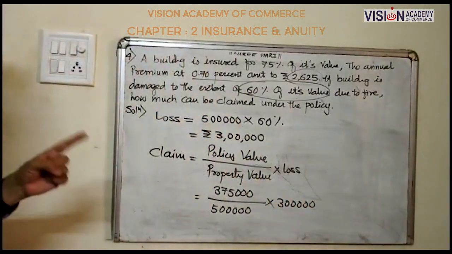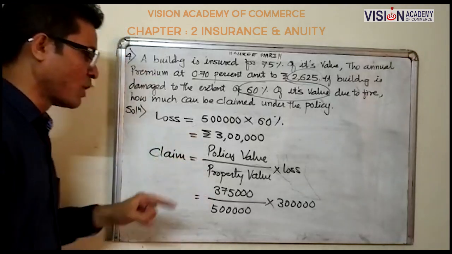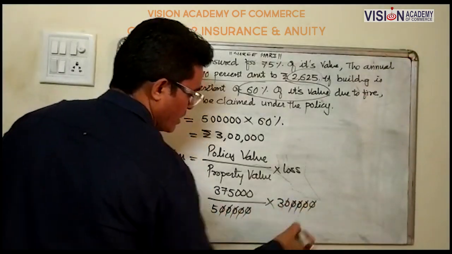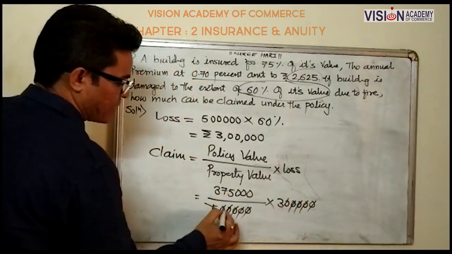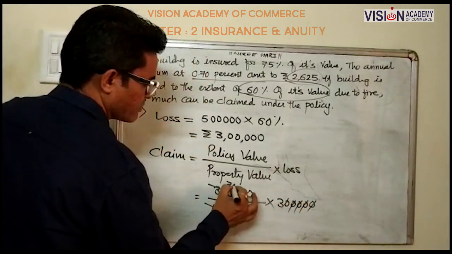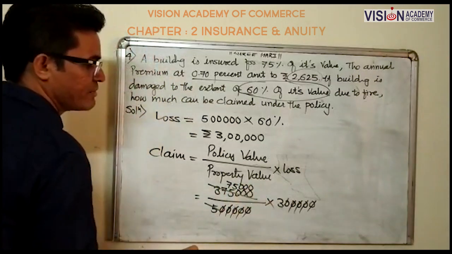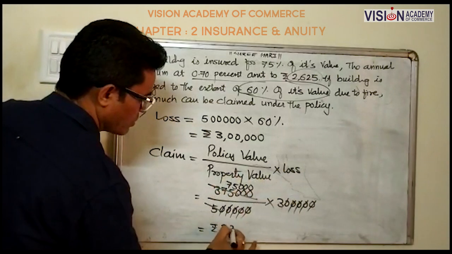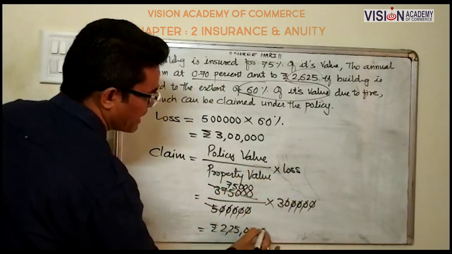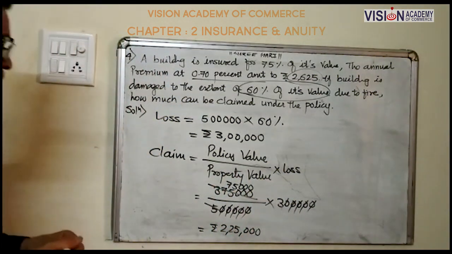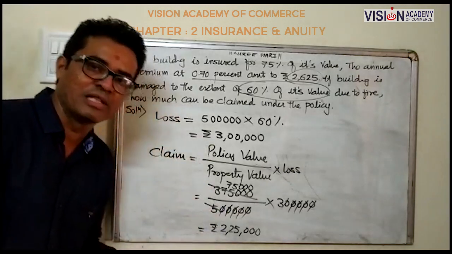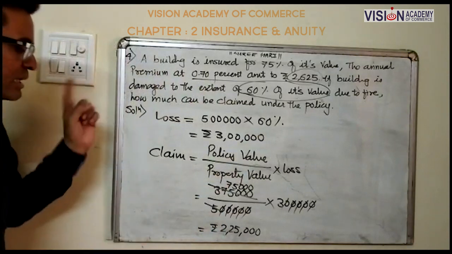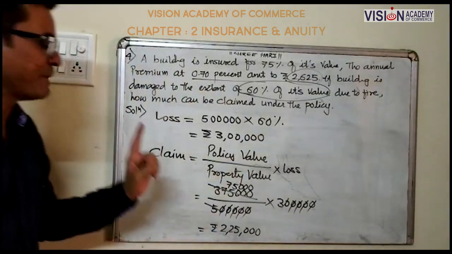See, this is the proportionate calculation of policy and property. 375 and 5 comes to 75,000, and 75,000 into 3 comes to 2 lakhs 25,000. So with the help of property and policy value, even in loss also, we got the amount of claim. Claim is rupees 2 lakhs 25,000.